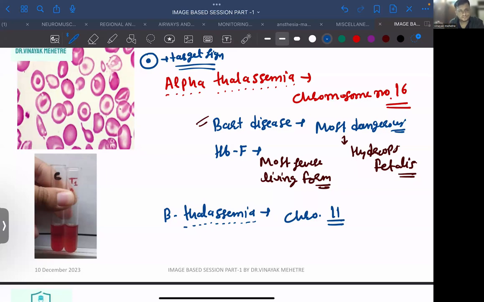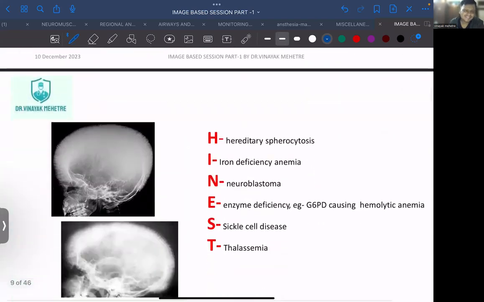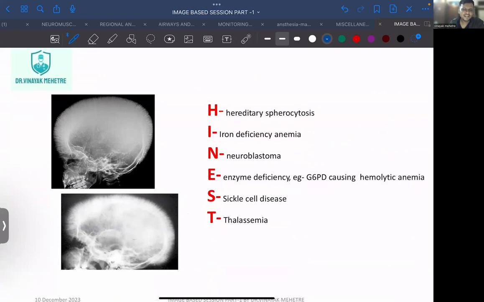The mnemonic is HI NEST: hereditary spherocytosis, iron deficiency anemia, neuroblastoma, G6PD deficiency, sickle cell anemia and thalassemia.